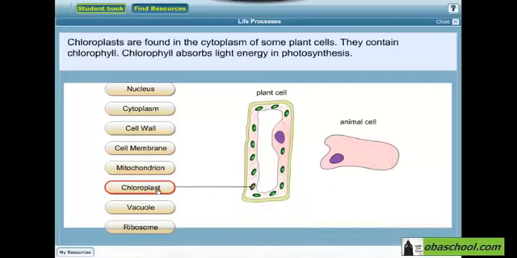The chloroplast is only found in green plant cells. The chloroplast is green because it contains the green chemical chlorophyll. Chlorophyll absorbs light energy from the sun and uses it in photosynthesis to make energy through food for the plant. So chlorophyll absorbs the light through photosynthesis to make food for the plant.